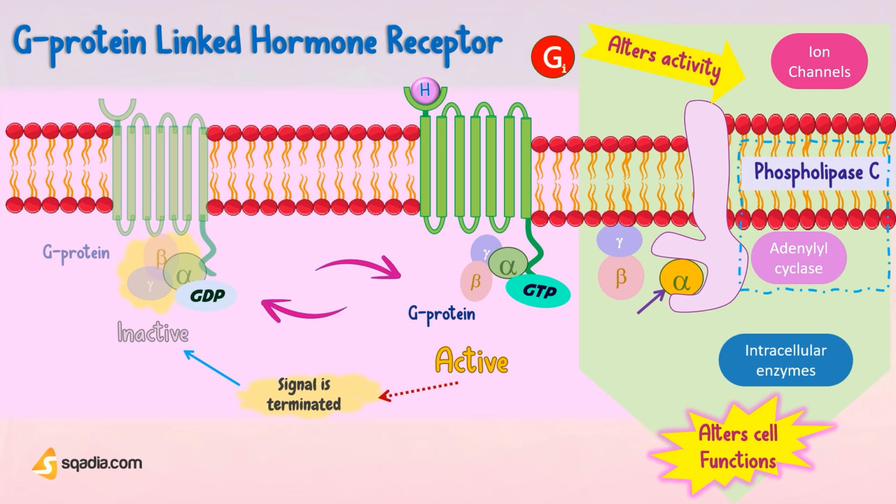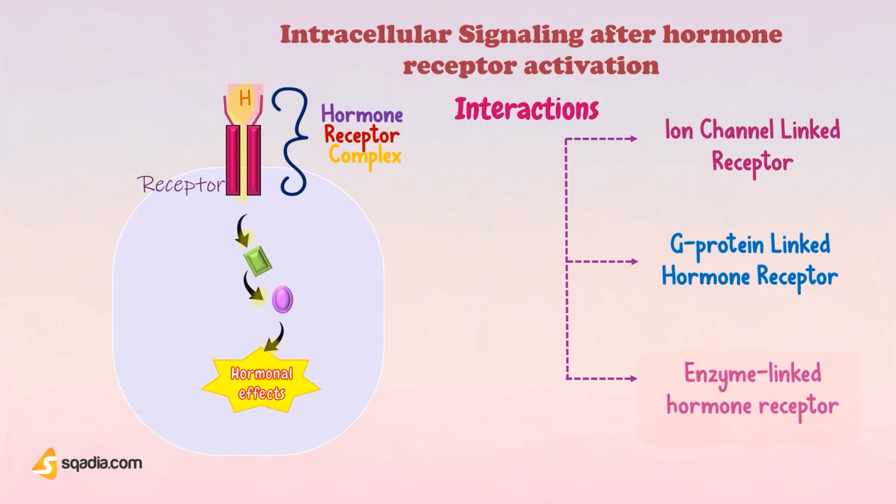Some hormones are coupled to inhibitory G-proteins, denoted Gi proteins, whereas others are coupled to stimulatory G-proteins, denoted Gs proteins. Thus, depending on the coupling of a hormone receptor to an inhibitory or stimulatory G-protein, a hormone can either increase or decrease the activity of intracellular enzymes.